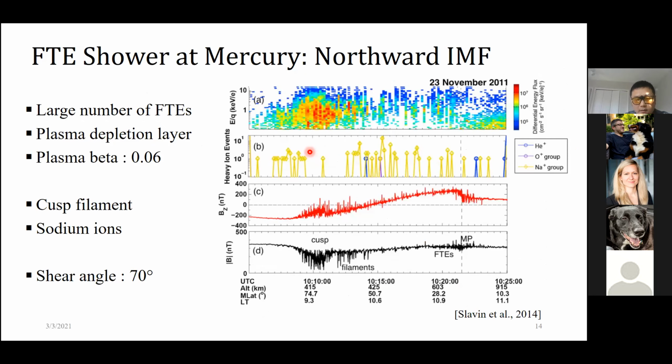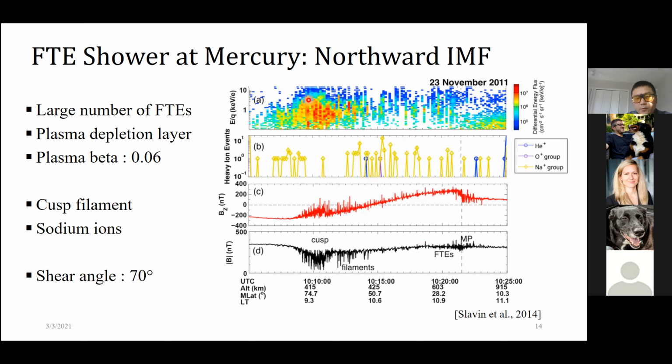Okay, so let's move to another event here. This event was taken from Sullivan et al. 2014, and this event occurred during northward interplanetary magnetic field conditions.